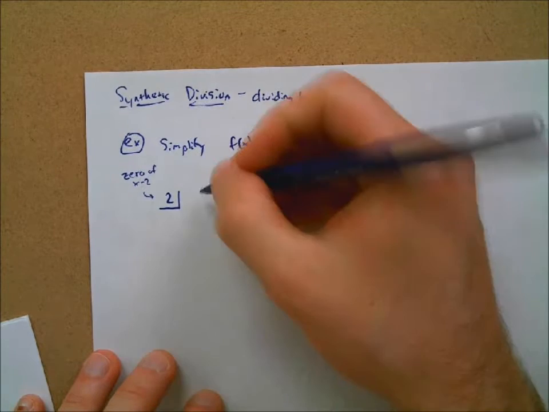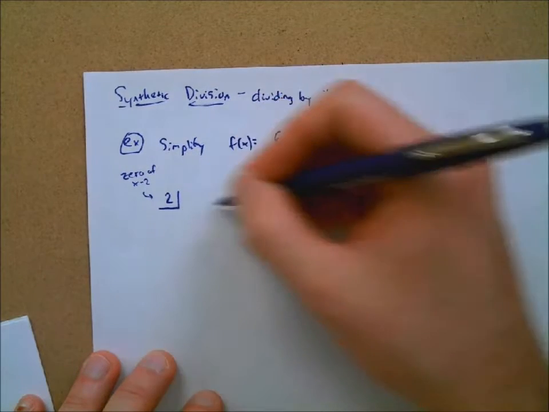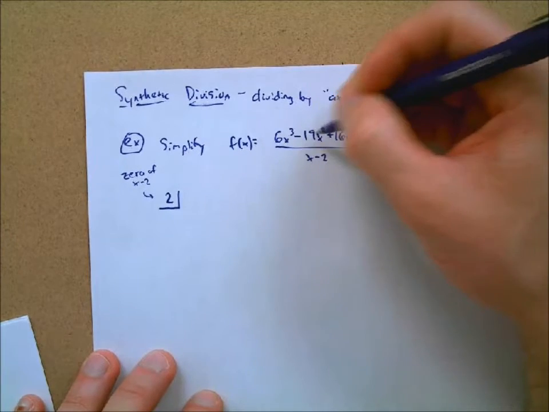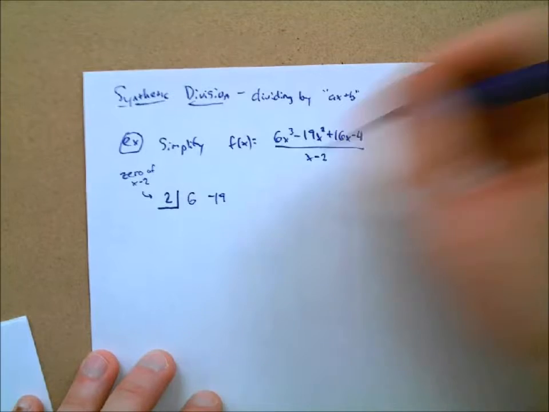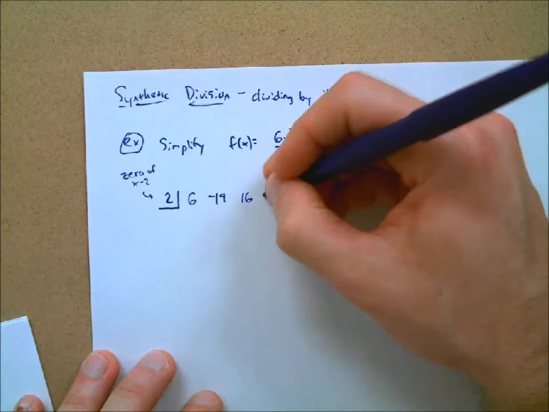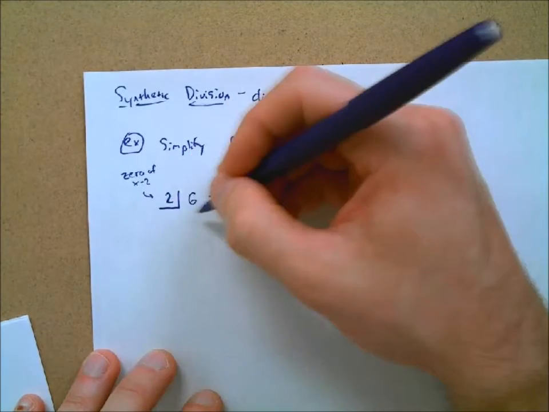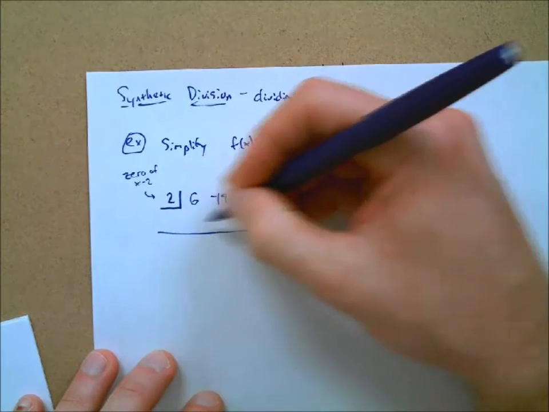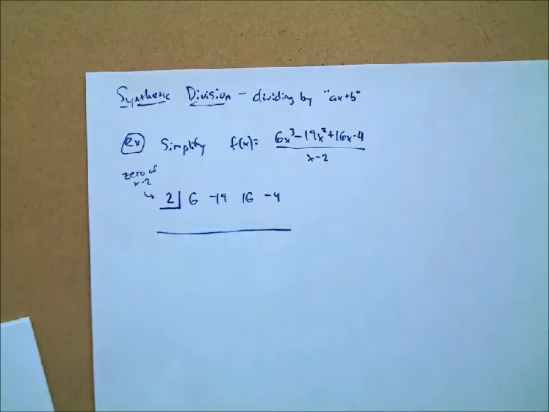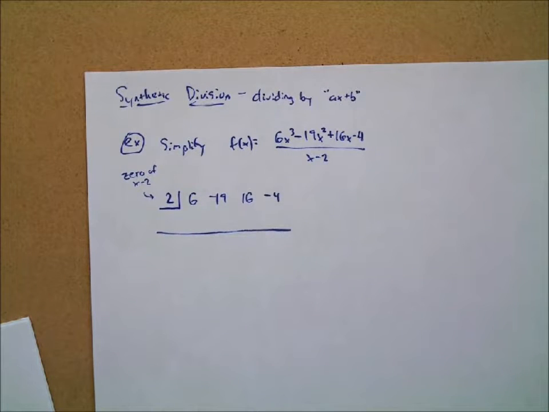Then across on that same line, we're going to put the coefficients of the thing we're dividing. So 6, negative 19, 16, negative 4, right? Keeping those signs. We're going to leave a line empty and put a little bar there because we're going to be filling in numbers here. Okay?